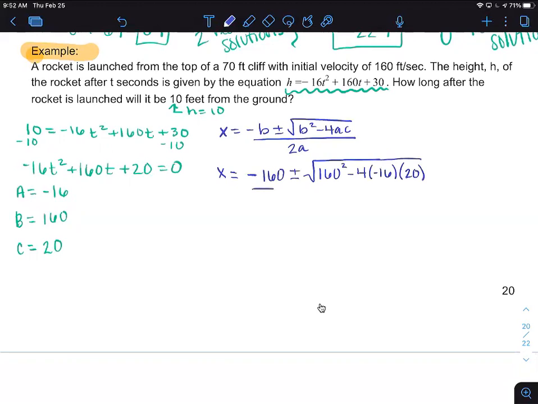And this is all divided by 2 times a, so -16.